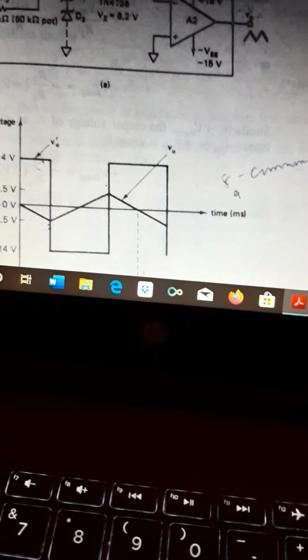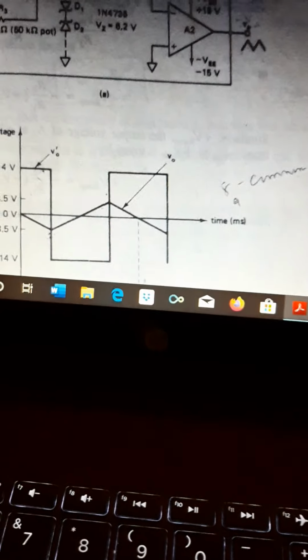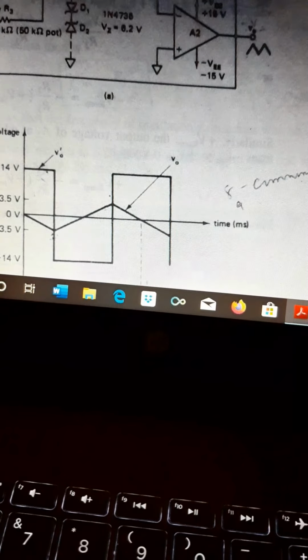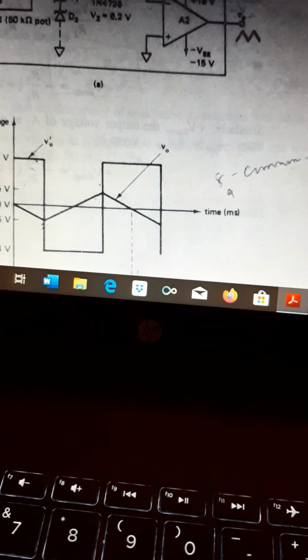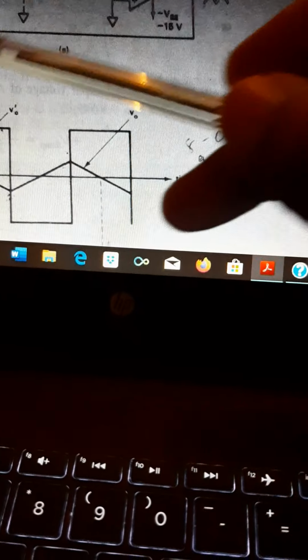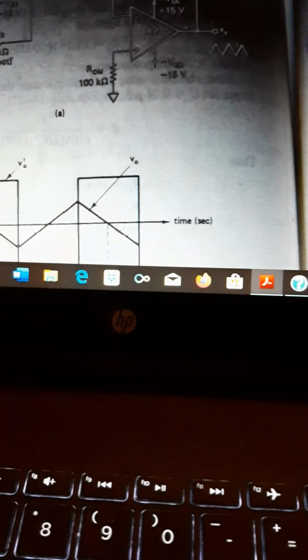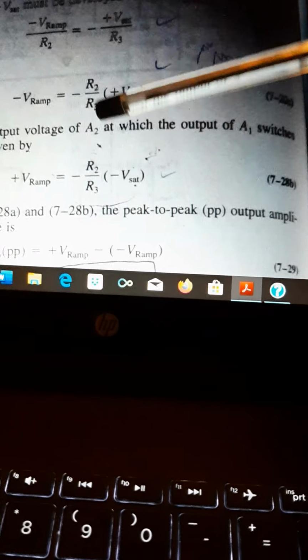Because when one is positive, the other is negative. When one is negative, the other is positive. So that is why we are getting minus Vramp.